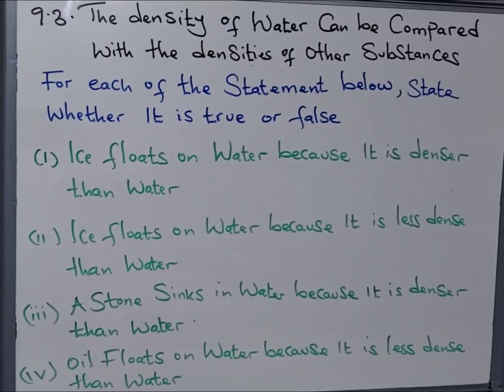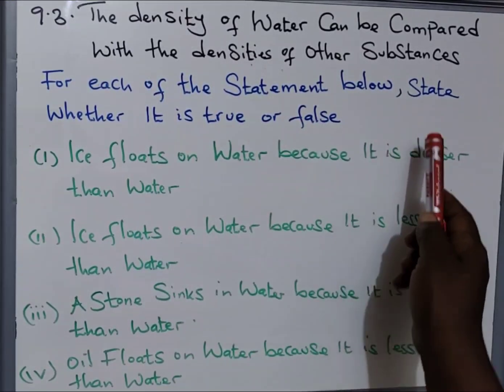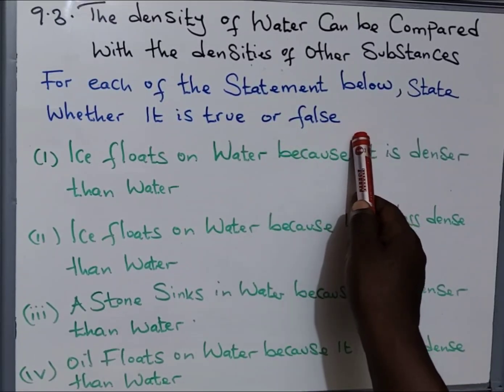So comes this question. It says that the density of water can be compared with the densities of other substances. So for each of the statements below, state whether it's true or false.